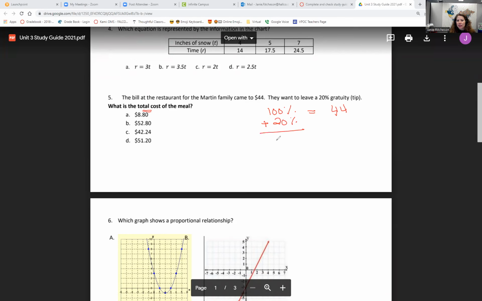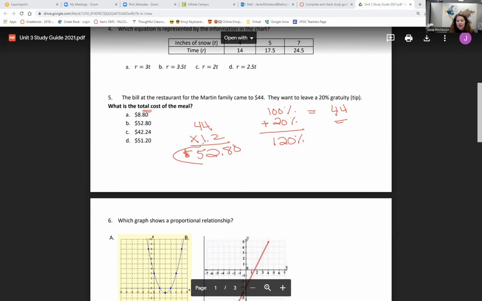So really what they want is 120% of 44. So I'm going to turn this percent to a decimal, moving our decimal 2 places to the left. So basically I want to know what is 1.2 times 44. So 44 times 1.2, and my answer is $52.80.